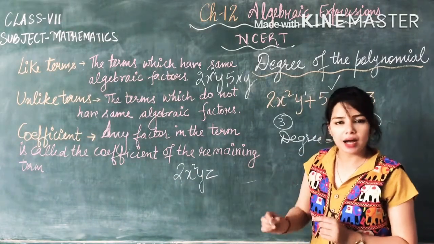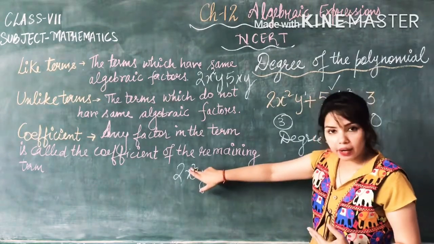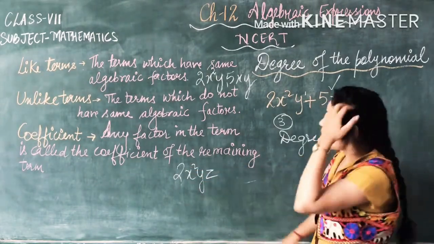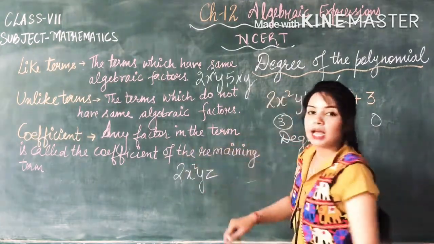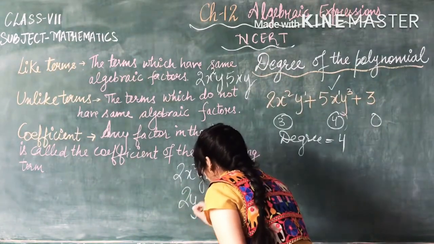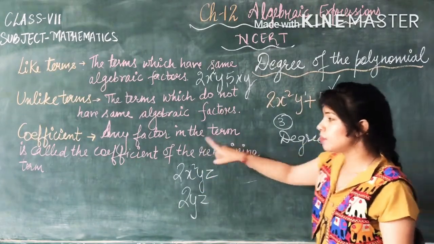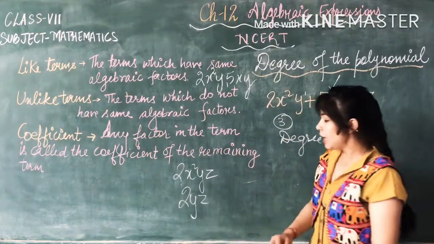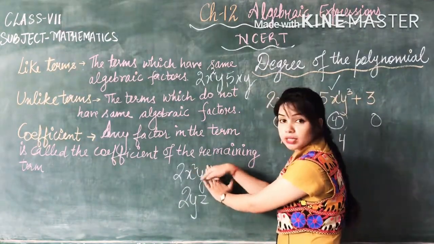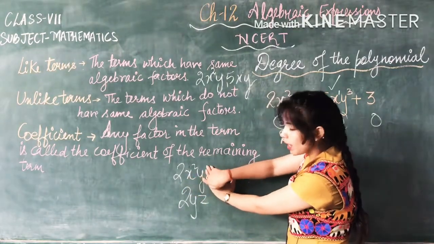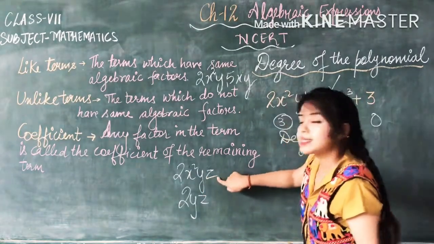But if I specifically ask what the coefficient of x square is, apart from x square, what else do you see? 2yz. 2yz is the coefficient of x square. So any factor in the term is called the coefficient of the remaining part. If I ask what the coefficient of z is, just hide z. What are the remaining factors? 2x square y. So 2x square y is the coefficient of z.